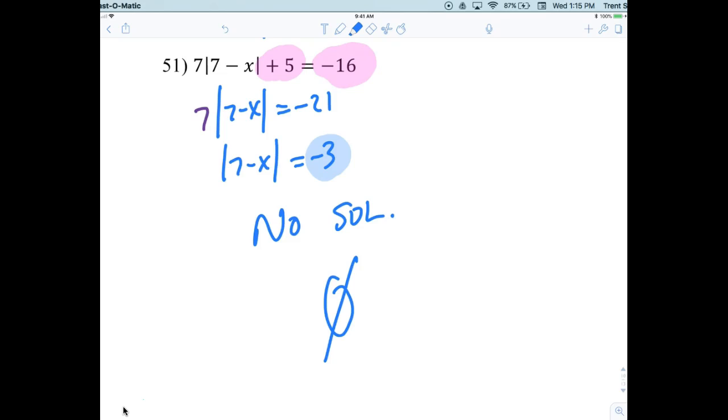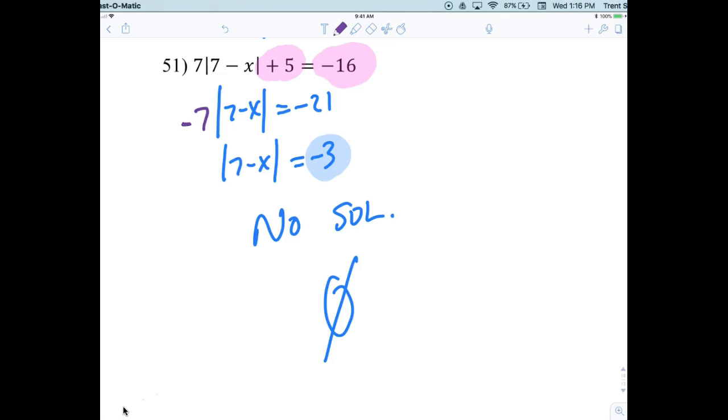Can your absolute value be equal to a negative? No. Everybody good? Therefore, it's no solution. Agreed? But couldn't you have said that it was no solution when you saw negative 21? No, because let me explain why. This is why that problem was up there. That's a very good question. What if this was negative 7?